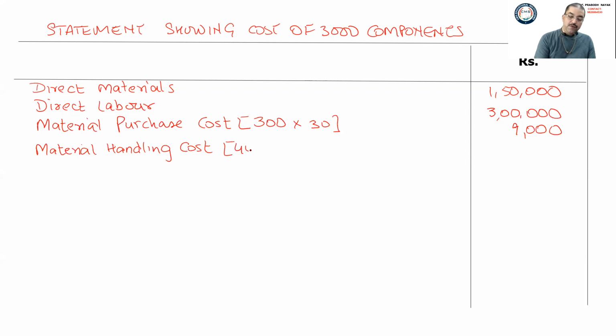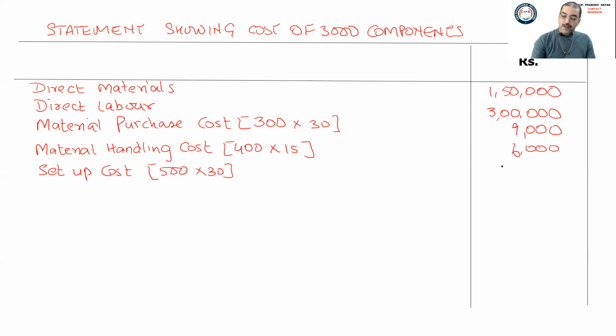So 400 into 15, 6,000. Setup cost. The rate is 500, number of setups 30. So 500 into 30, 15,000.